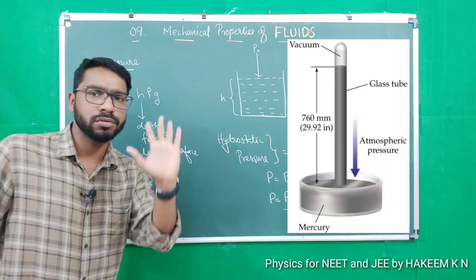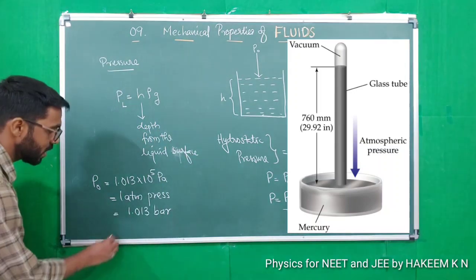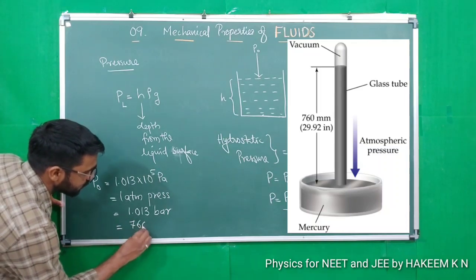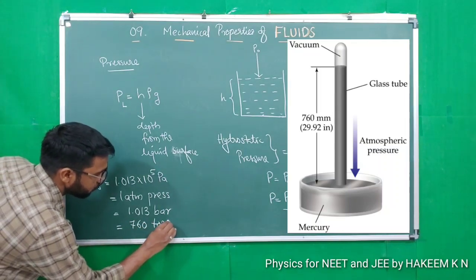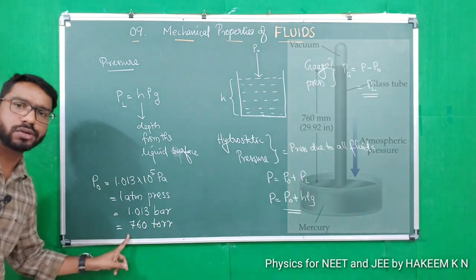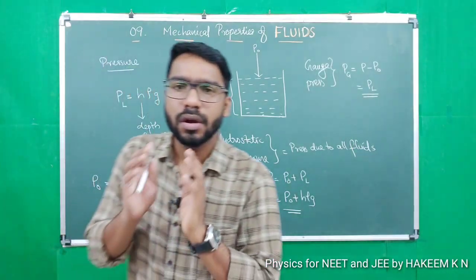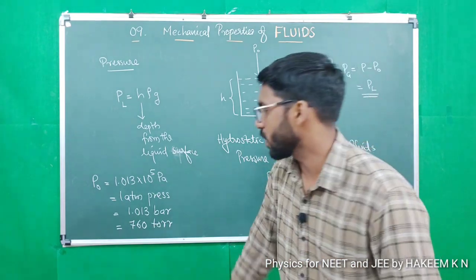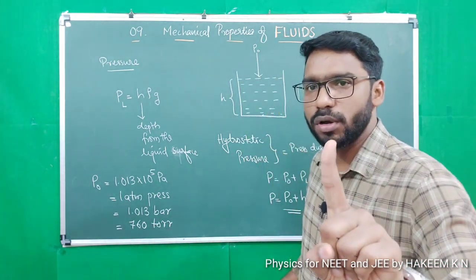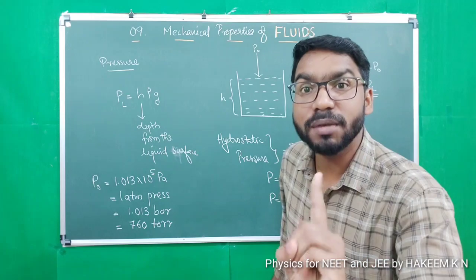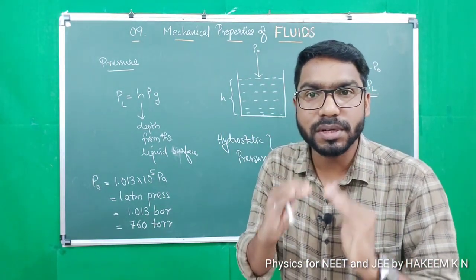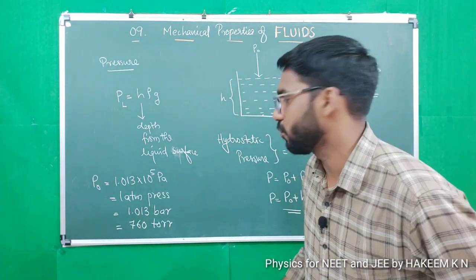That is also equal to 760 torr. Torr is the practical unit of pressure. 1 torr equals the pressure due to 1 millimeter height of mercury.